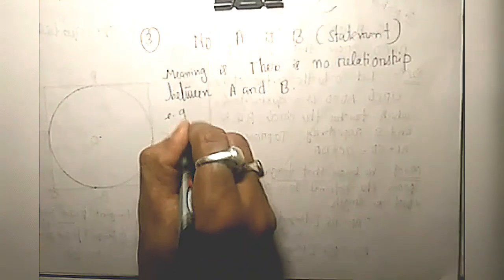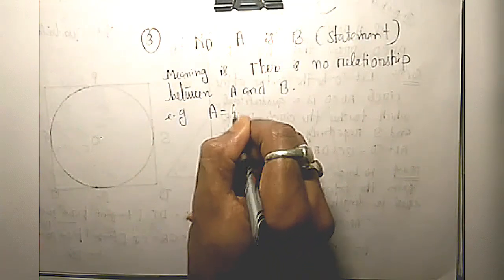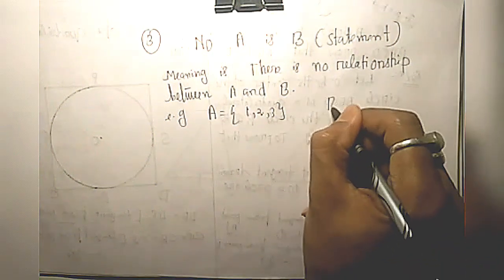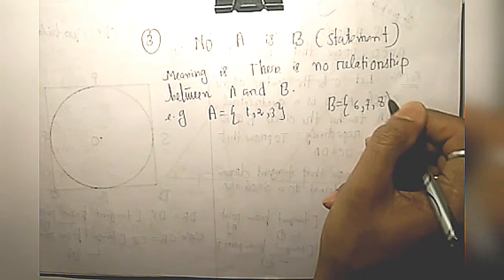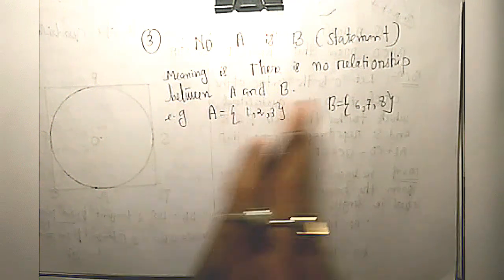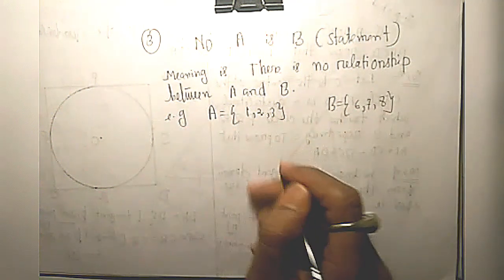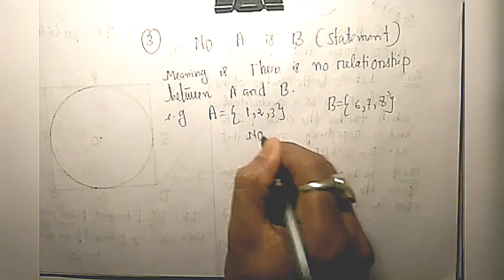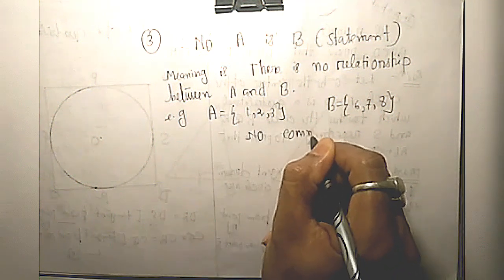So let's take an example. A equals 1, 2, 3 and B equals 6, 7, 8. In this case we have seen that there is no common element between these two groups.